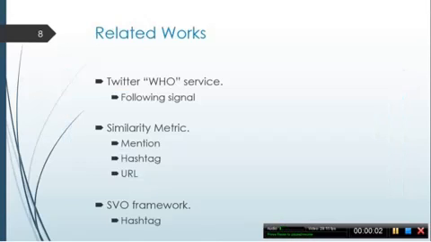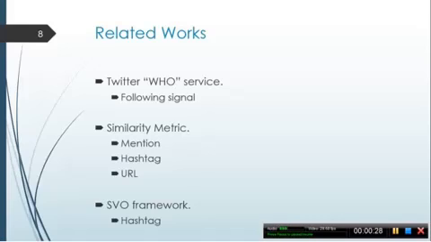Related works. The most famous and well-known service for detecting similar users and recommending them is Who to Follow. They provided an embedded service that is dedicated to Twitter. Their formula depends mainly on the following relationship between two users. There exists a similarity metric that integrates four signals, which are mention, hashtag, URL, and URL domain.